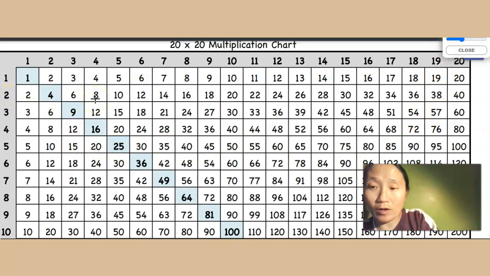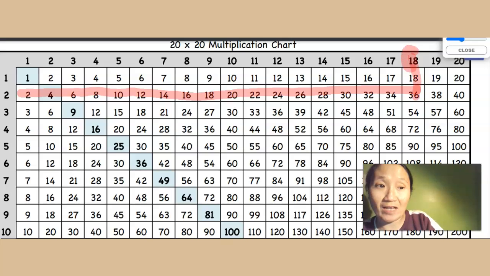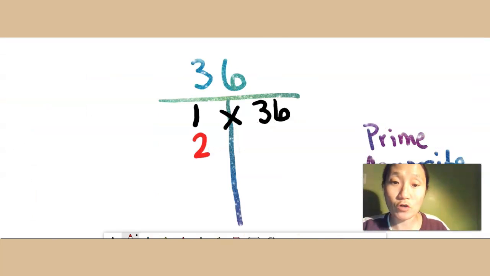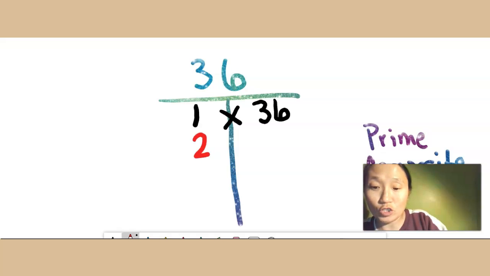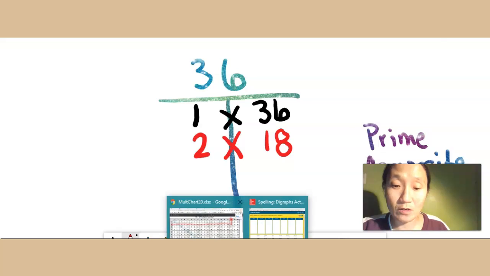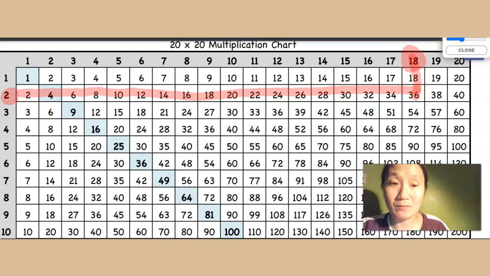So I'm going to go along and highlight 2 and decide, do I see 36 anywhere in here? Yes, I do. I do see 36, and it happens to be the factor of 18 and 2. So then when I come down here and pop up my chart, I'll be like, oh yes. So 2 times 18 gives me 36. Because if you look back over here, it is 36, 2 times 18.